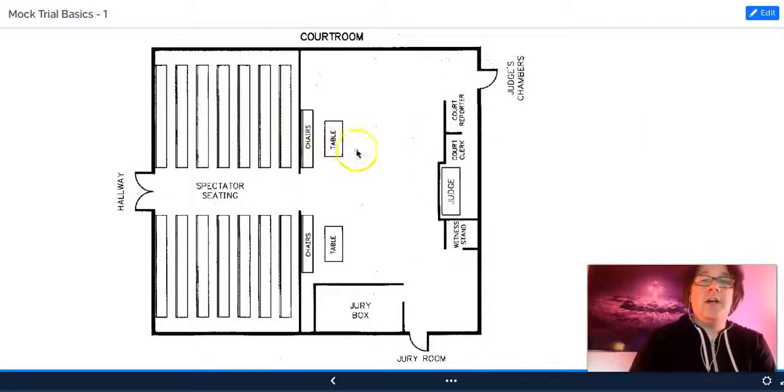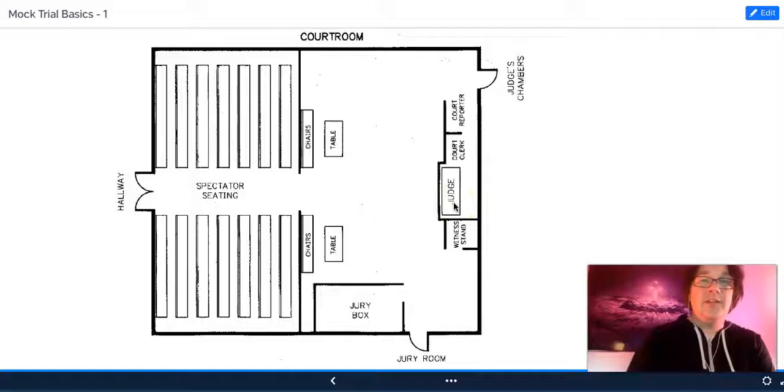This area between the judge's bench and the prosecution and the defense is called the well, and nobody is allowed in this area unless they ask for and receive permission from the judge.